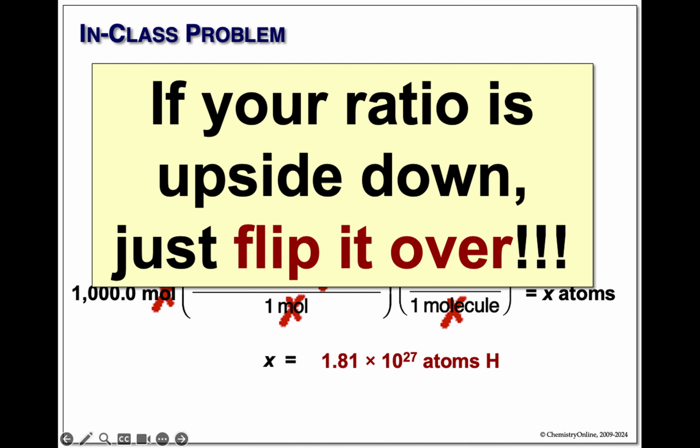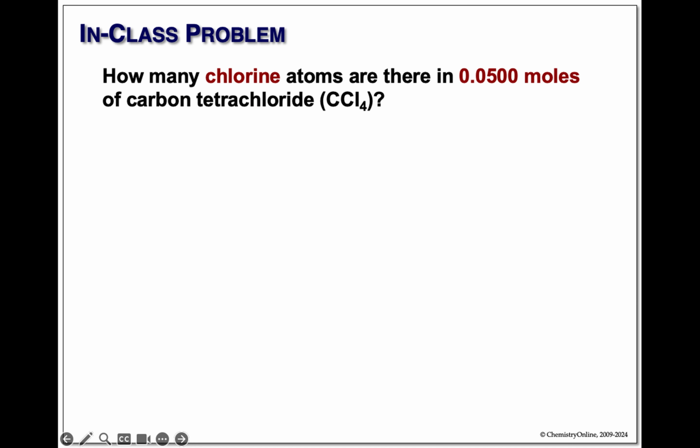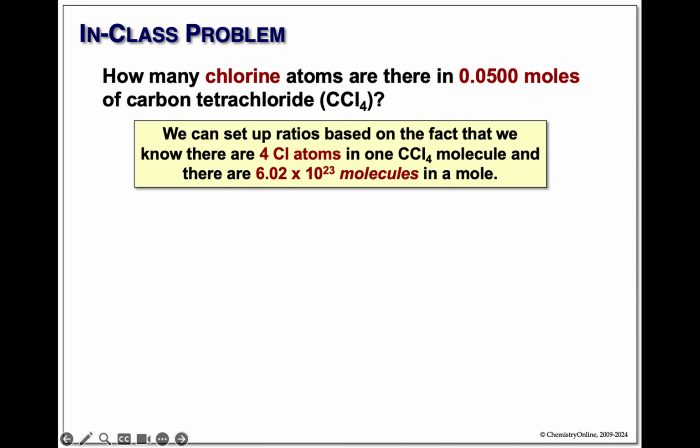Let's do another one. Carbon tetrachloride. How many chlorine atoms in 0.05 moles? Once again, we can say if we had a mole, that would be 6 times 10 to the 23rd carbon tet molecules.